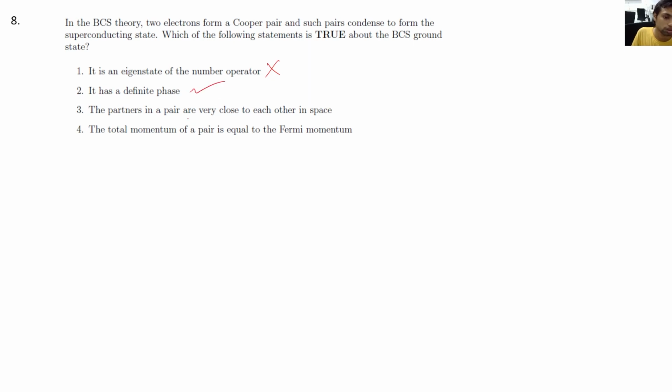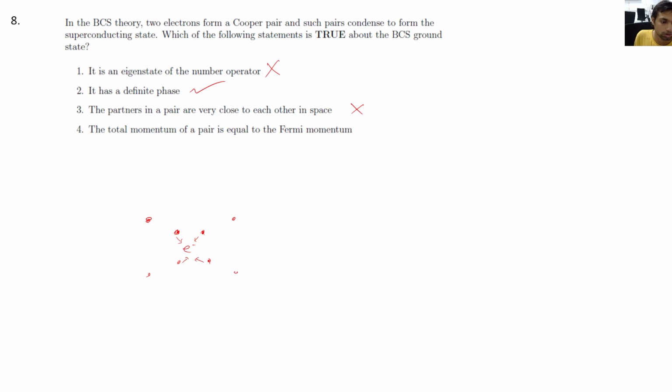The partners in a pair are very close to each other in space. So this statement is false. Why? Because the interaction is actually retarded. Suppose, for example, one electron comes here, then because of the attraction of the electron, the lattice points, let's say these are the lattice points, will come closer as compared to the other lattice points.